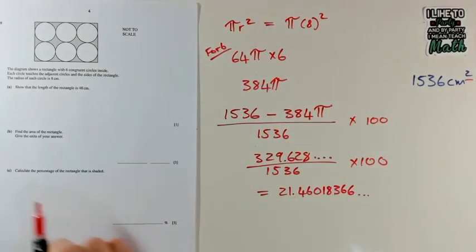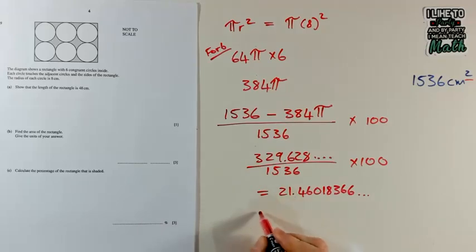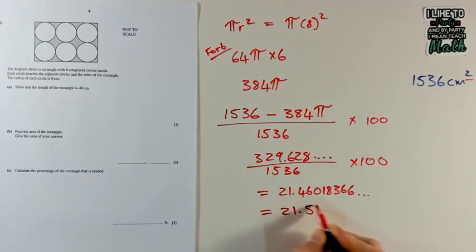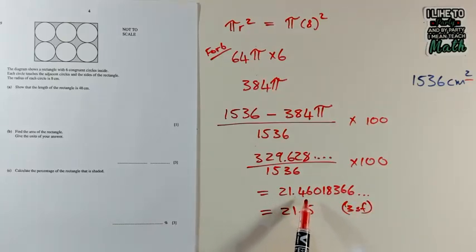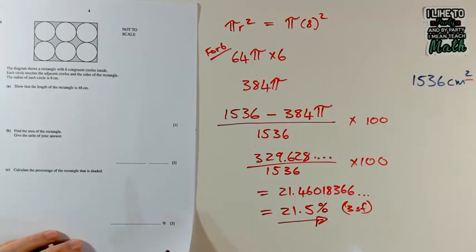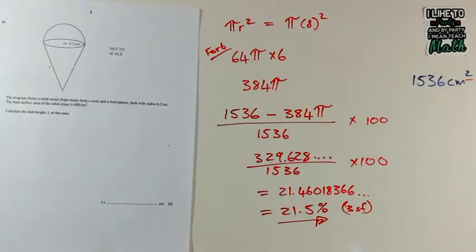I'm not sure what they want, so usually we do 3 significant figures, so I'll just do 21.5 and write to them 3 significant figures. If they wanted maybe 2 decimal places, I'd do 21.46, but in this case I just did 3 significant figures because that's usually what we need to do. And percentage. Okay, that took a little while, but not too tricky.